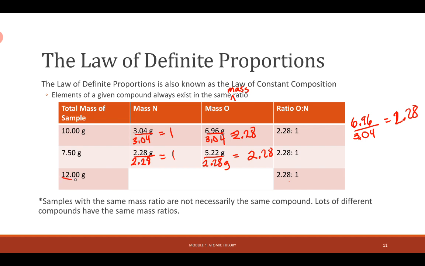So if you have a 12-gram sample of something, you can work out what mass is due to nitrogen and what mass is due to oxygen.